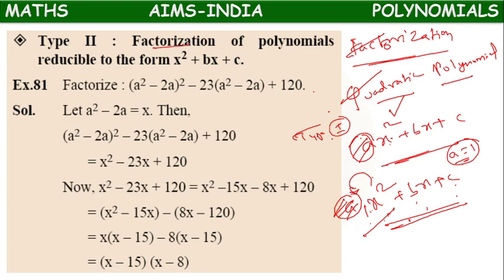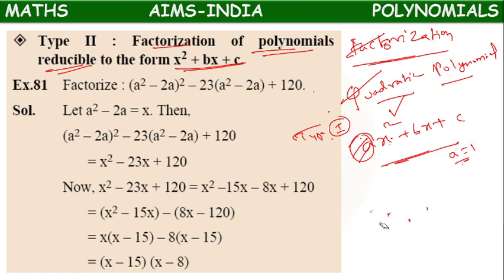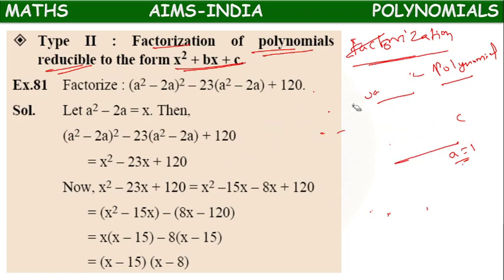So, factorization of polynomials reducible to the form of x square plus bx plus c. Why are they using the word reducible?